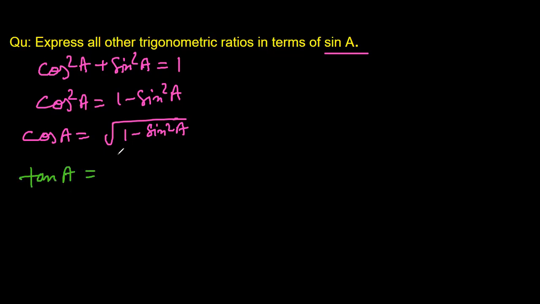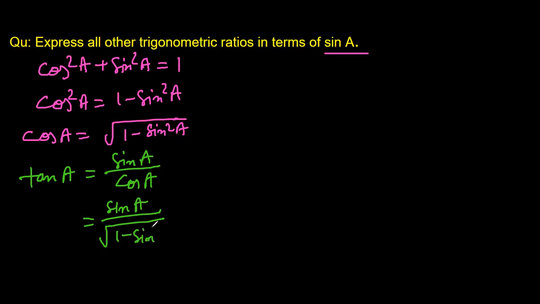So tan A can be written as sine of A divided by cos of A, and sine A will remain as it is because we want to express this in terms of sine, and the value of cos A in terms of sine is given up here, which is under root 1 minus sine square A. Well, tan A is also expressed in terms of sine A. Cos A has been expressed. Other trigonometric ratios which are reciprocals can be expressed in terms of sine A.